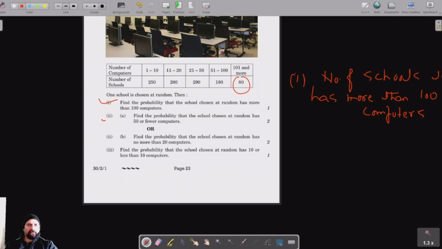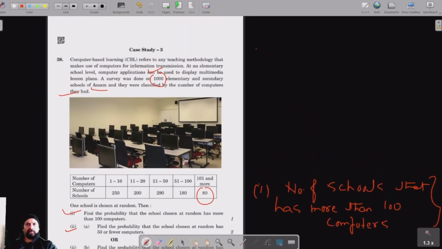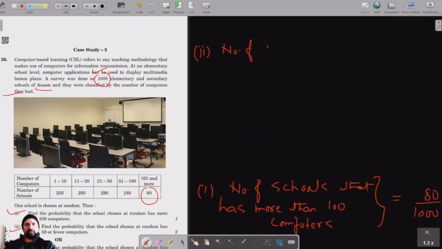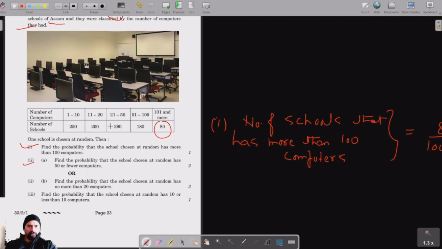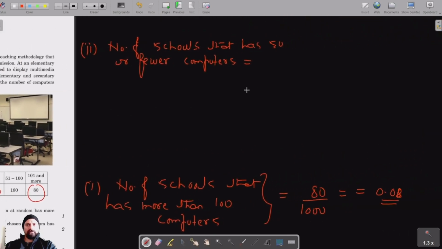And the next question is, find the probability that a school chosen at random has 50 or fewer computers. So number of schools that have 50 or fewer computers. That means less than 50, and these are 250 plus 200 plus 290.